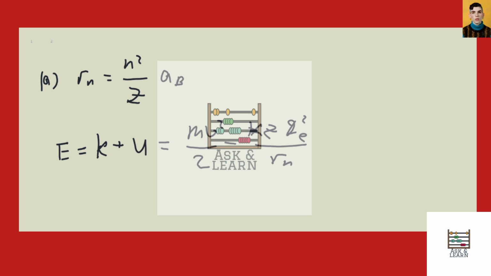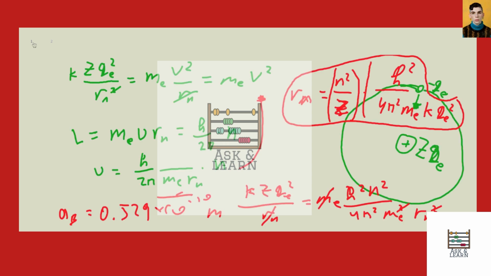But remember, we have this formula here, so m v squared is k Z Qe squared over R_n, so m v squared over 2 would be, if we just write 2 here, the same as the potential energy but with the 2 in the denominator.